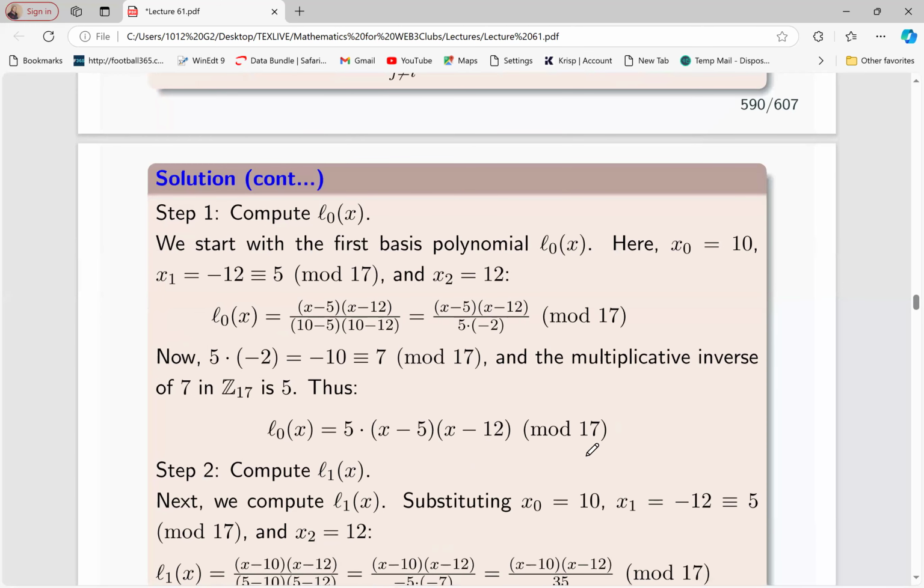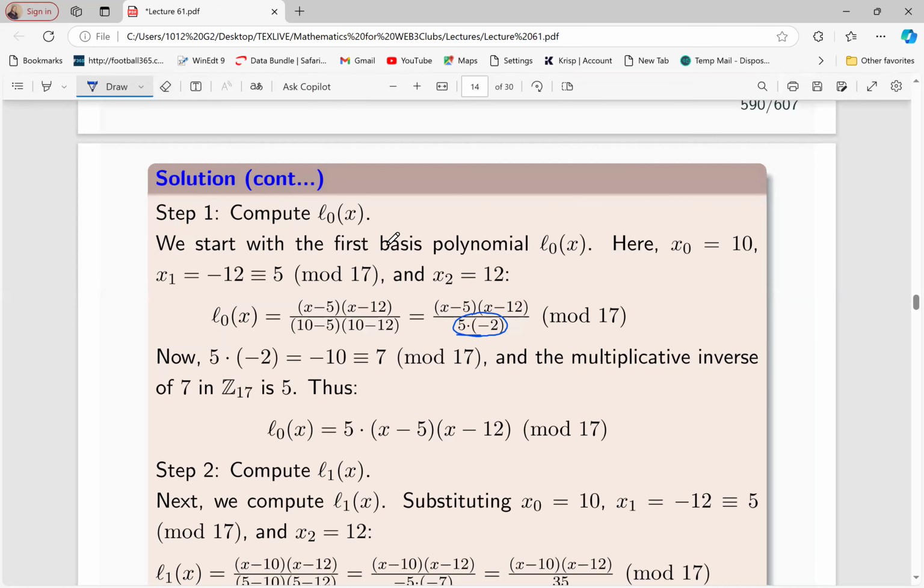I can just point out areas where I believe those who are new can benefit a bit, especially the areas where I'm getting inverses. For instance, at this point I have negative 10 in the denominator. I do it mod 17, that gives us 7.